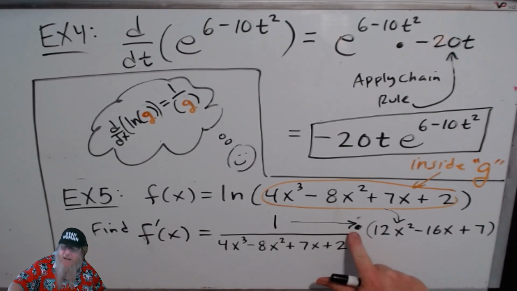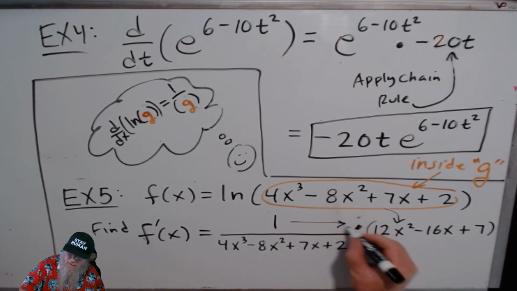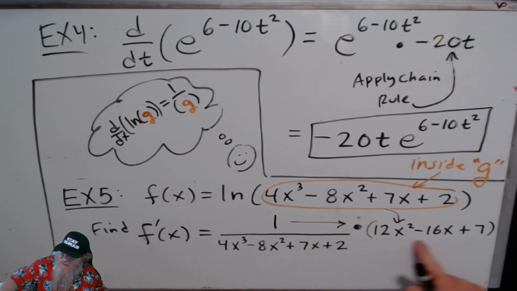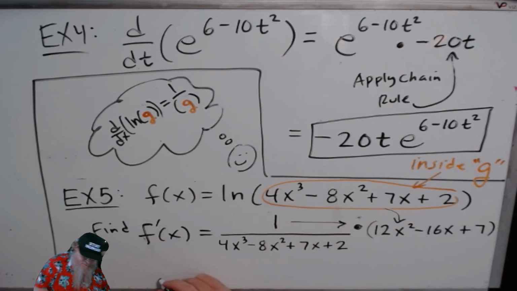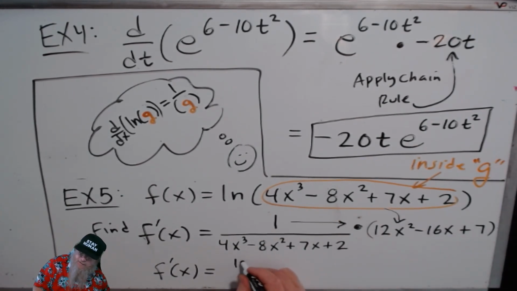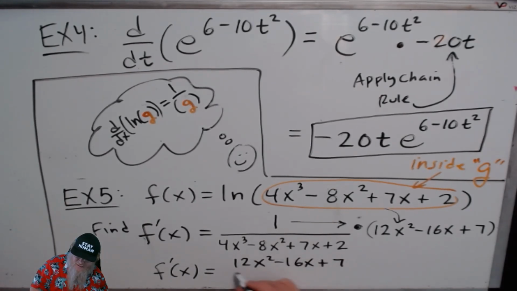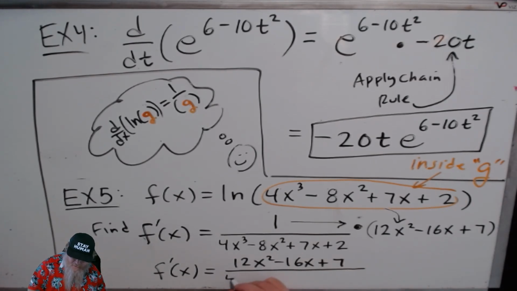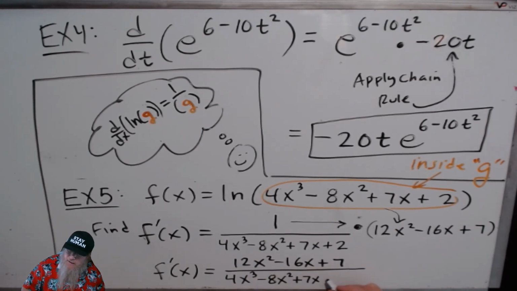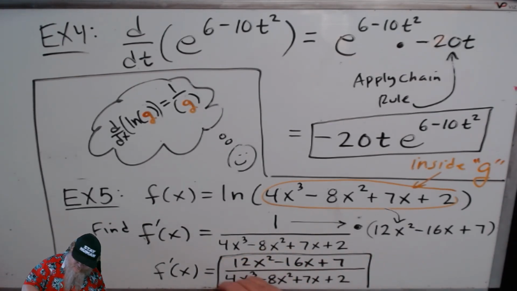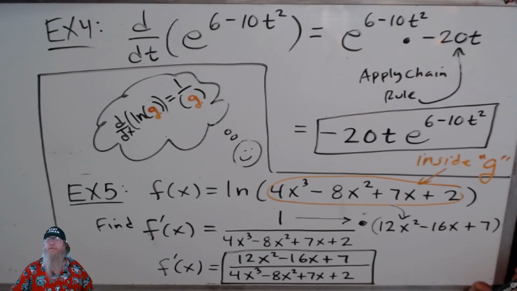So when you're multiplying 1 times, then this function here goes on top. So my final answer, I can remove all the parentheses. 12x squared minus 16x plus 7 all over 4x cubed minus 8x squared plus 7x plus 2. And there's my answer.